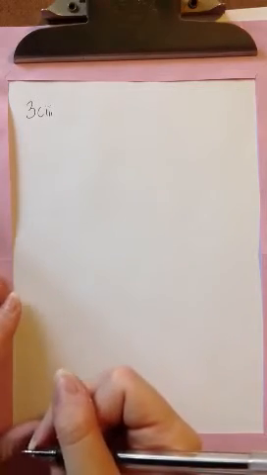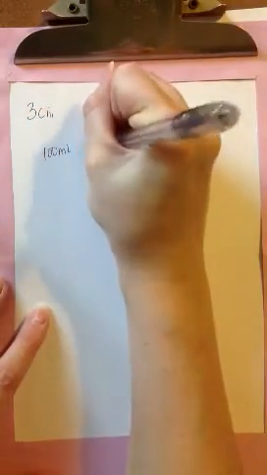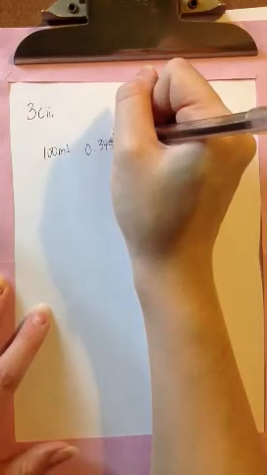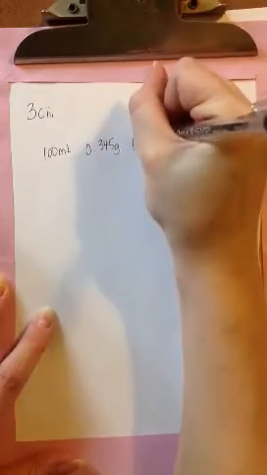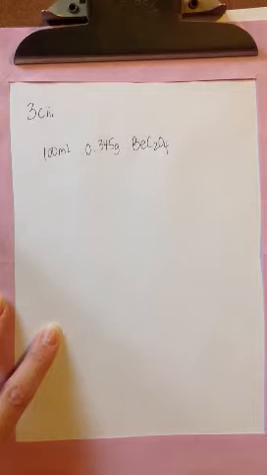Well, I had 100 milliliters, and it was 0.345 grams of anhydrous BeC2O4. Calculate the total number of moles that were present in the 100 milliliters.